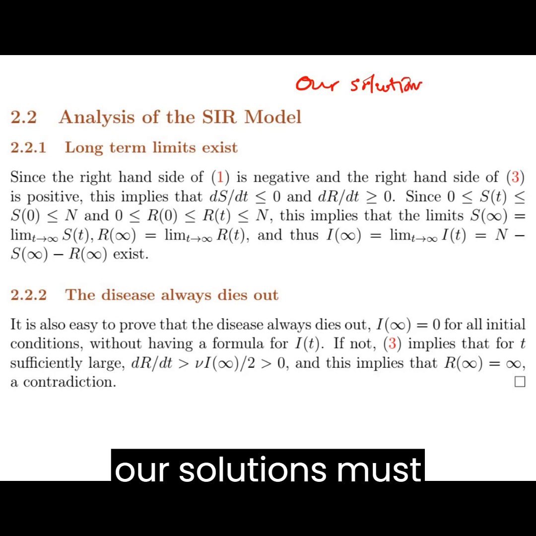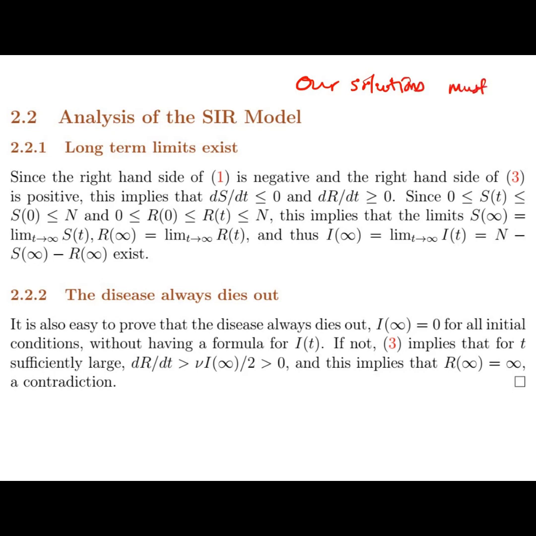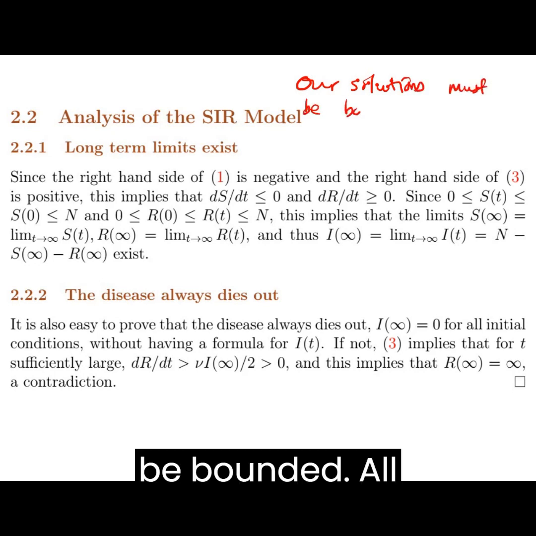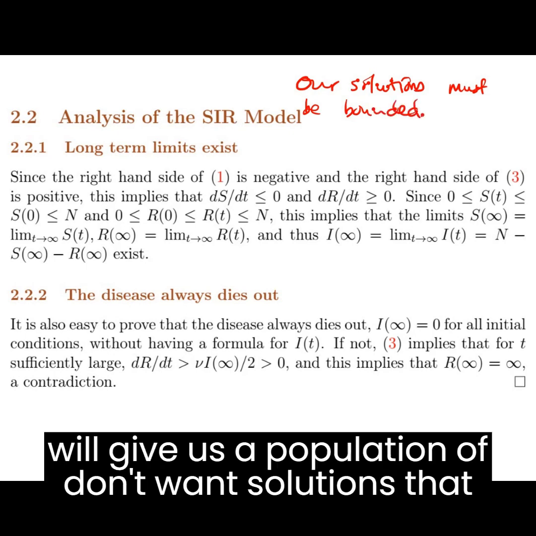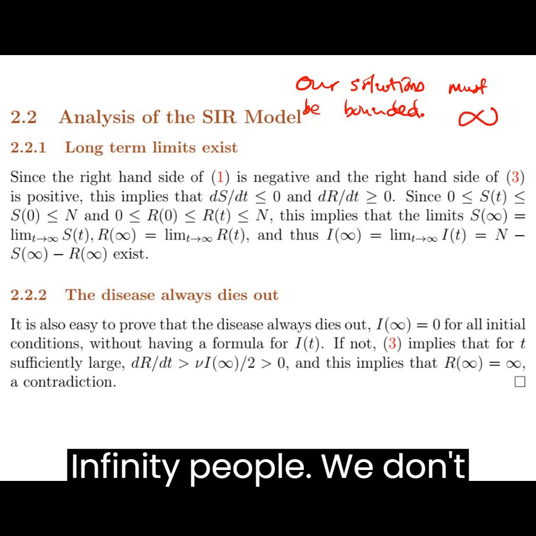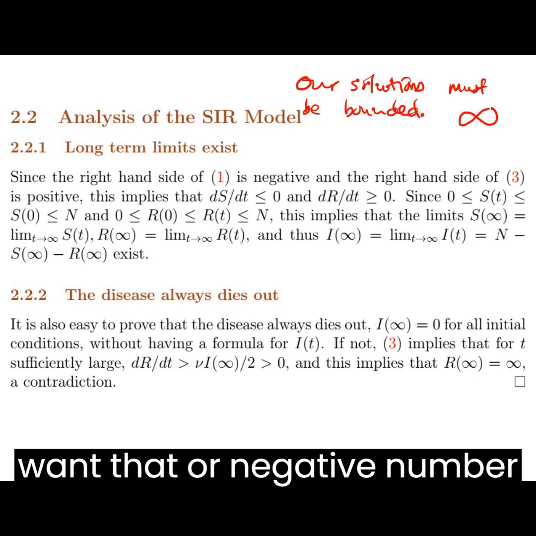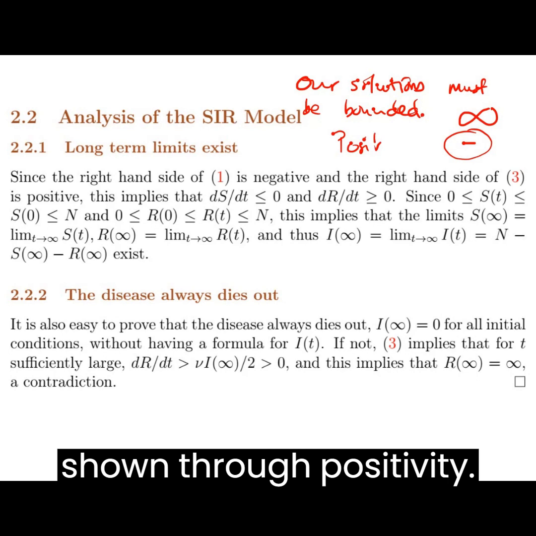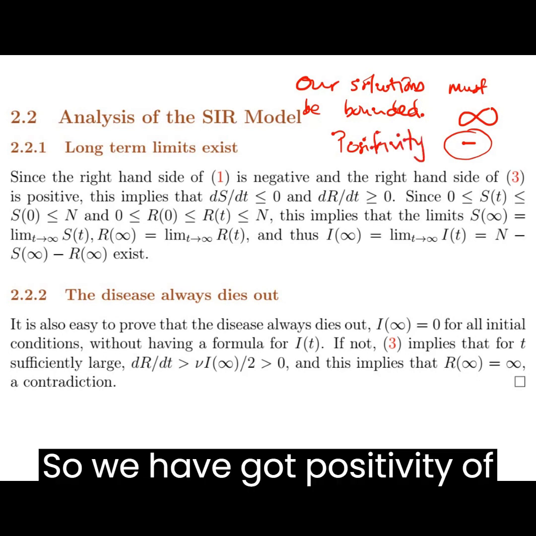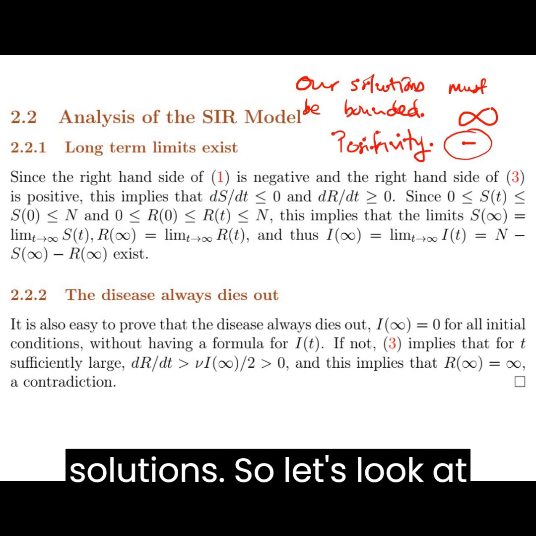In other words, we don't want solutions that give us a population of infinity people, or a negative number of people. This is also shown through positivity, so we've got positivity of solutions.